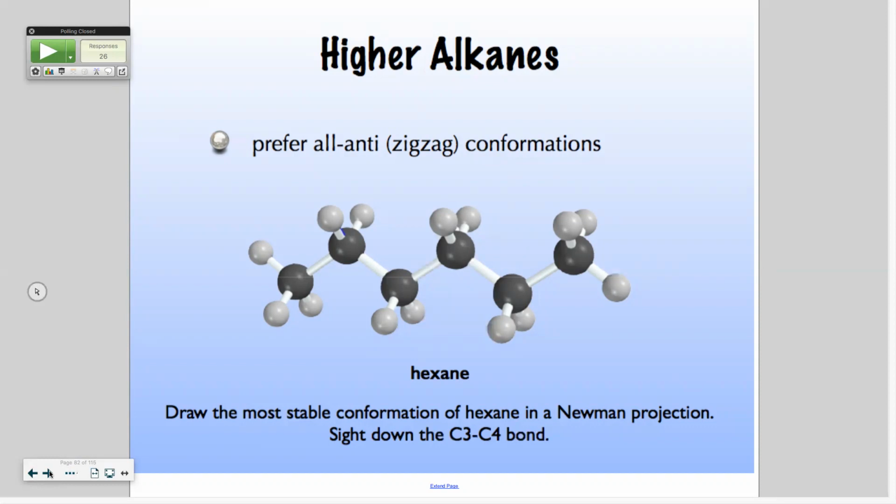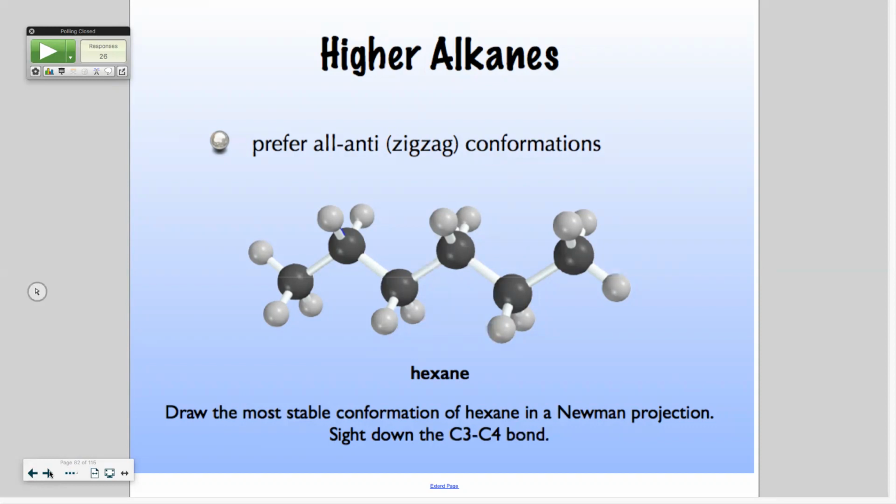So notice we have 2 up, 2 down, 2 up, 2 down, 2 up, 2 down. That's because if you look down every one of the bonds, each one would be staggered and anti. So this and this are anti to each other.